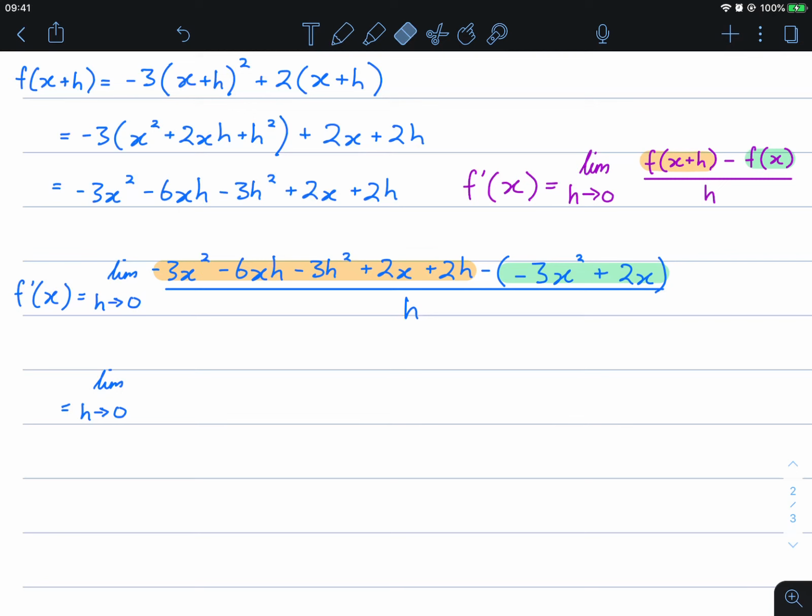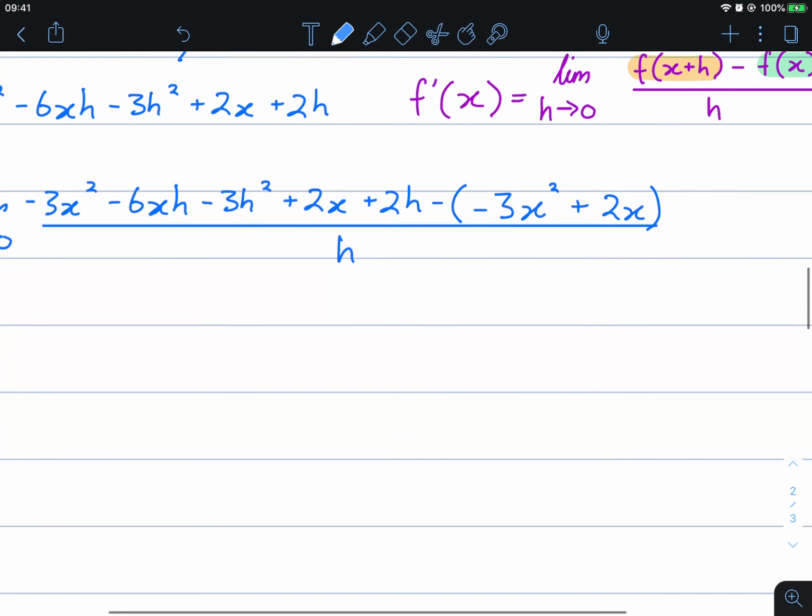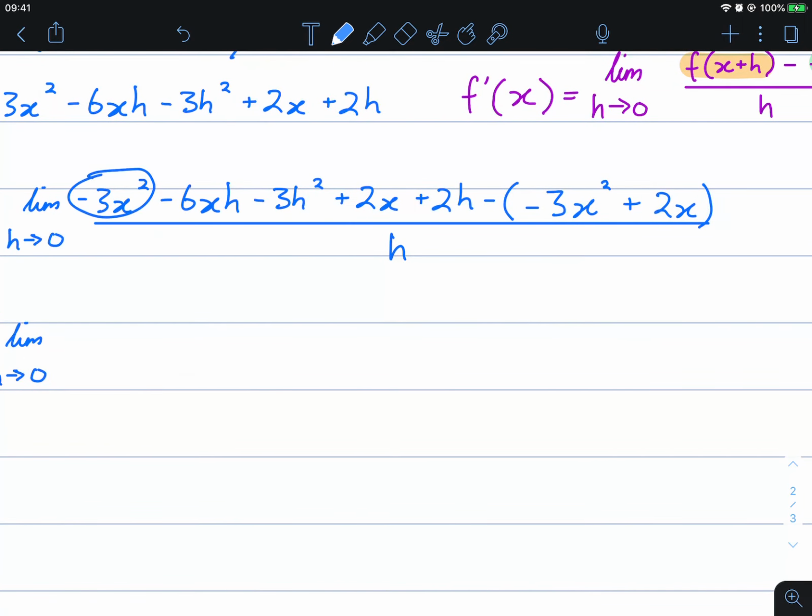Okay, let's do some expanding and cancelling here. Negative 3x squared plus 3x squared, these two will cancel. We have here positive 2x minus 2x, so these two also cancel.